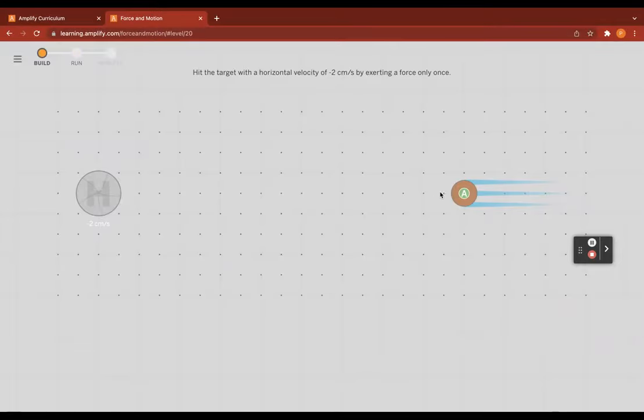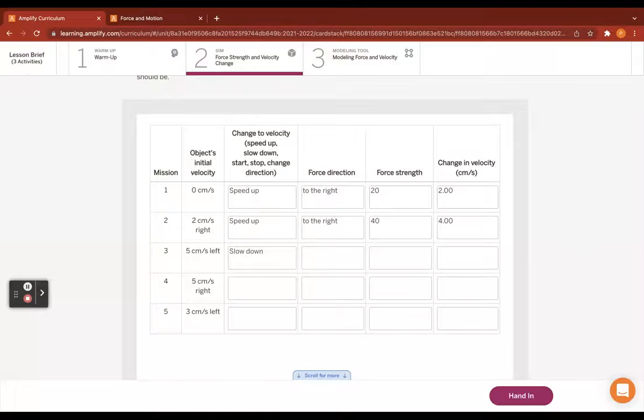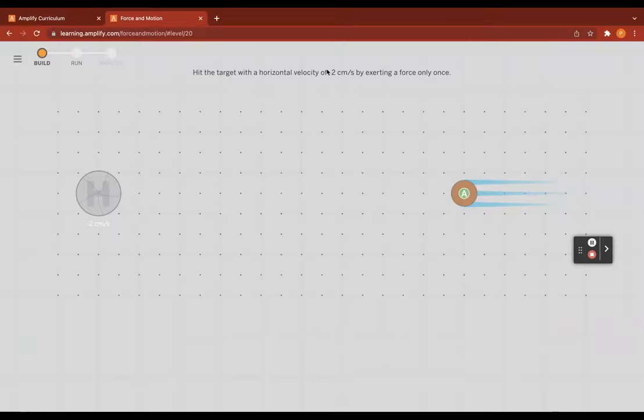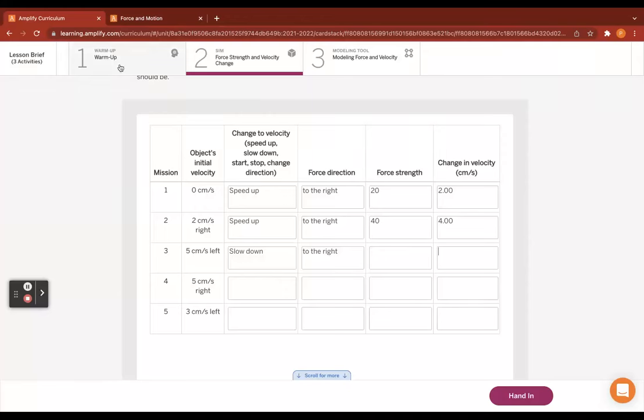I'm going to hit it to the right because I want it to slow down. It's moving to the left, so I have to hit it in the opposite direction to make it slow down. So I'm still going to make it go to the right. If it's at 5 to the left right now, I want it to go 2 to the left. That's a change of 3. The difference between 5 and 2 is 3.